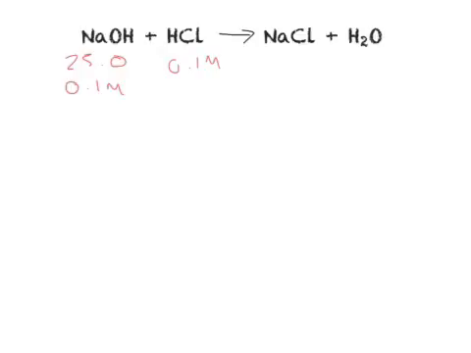Now the first thing you note here is that the base and the acid are both strong, and also the acid itself is monoprotic because it only has one hydrogen ion. Now you could use this data to find the pH of the solution in the flask at neutralisation, but you need to follow a few simple steps.